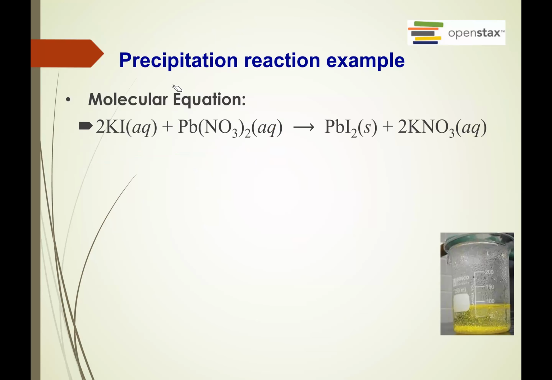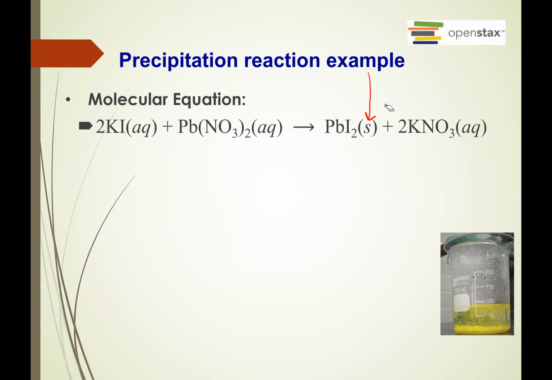Then the next question would say, write the complete ionic equation, the net ionic equation, and identify the spectator ions. Every time it's the same steps. Everything that's an (aq), we break up. If it's not an (aq), we keep it together. So what are we going to keep together for this equation?